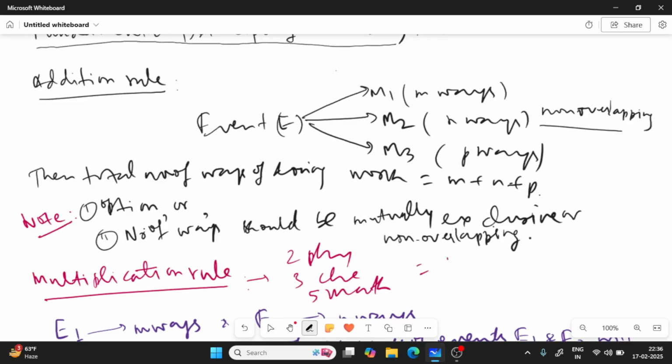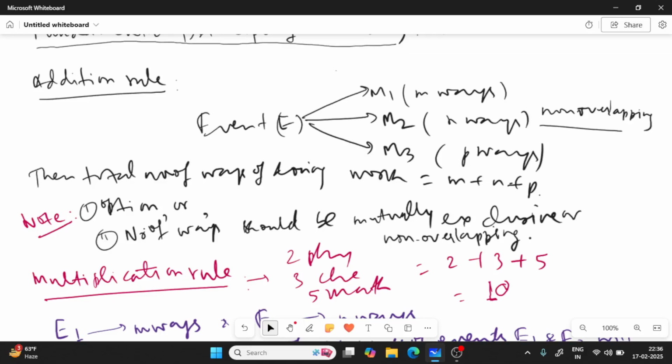So it would be 2 plus 3 plus 5. So what would it be? It would be 10. Since you have two choices for physics, three choices for chemistry, and five choices for maths, you would have a total of 10 ways of choosing one book from physics, chemistry, or mathematics.